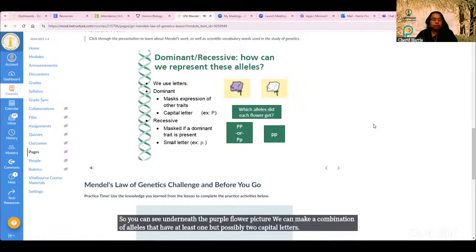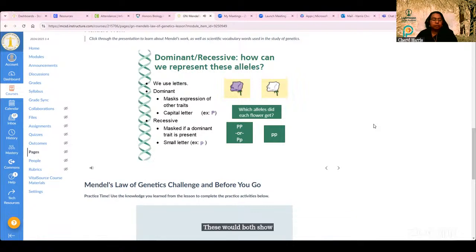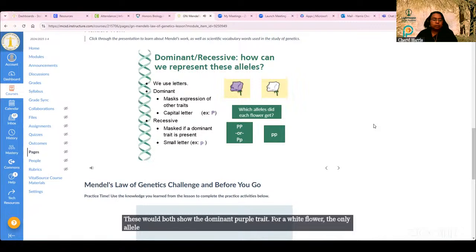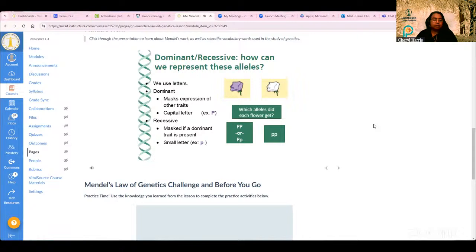These would both show the dominant purple trait. For a white flower, the only allele combination would be two small letters, or two recessive alleles, to show the white phenotype, or outward appearance. The letter that we use to represent the gene doesn't have to be P. In fact, it's arbitrary. We could have used A if we wanted to.